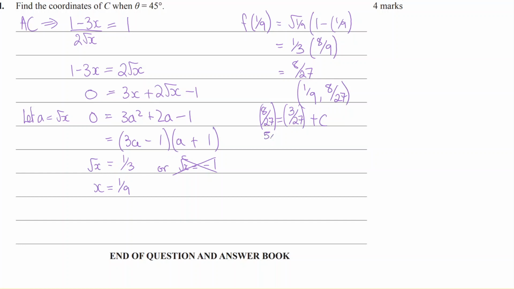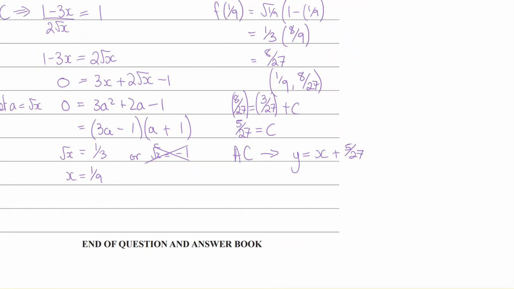We'll get 5 on 27 is equal to c. So we have the equation for AC. So AC, the equation for that line is y is equal to 1x, so just x, plus 5 on 27.